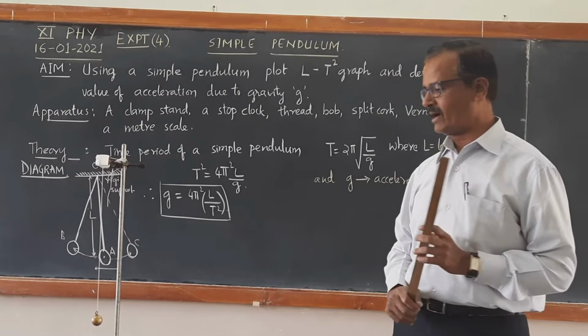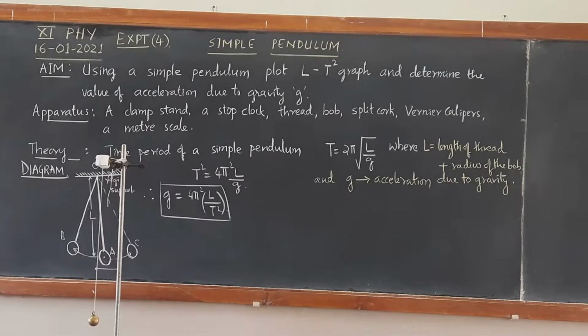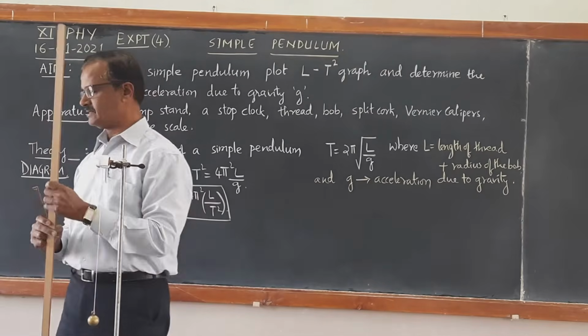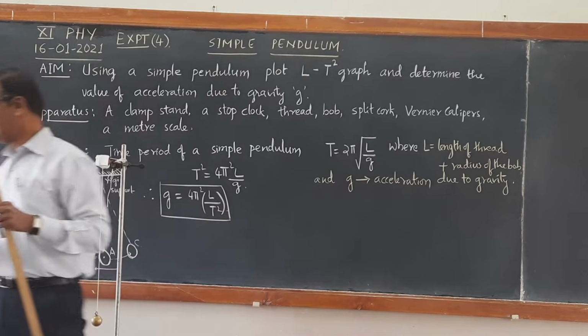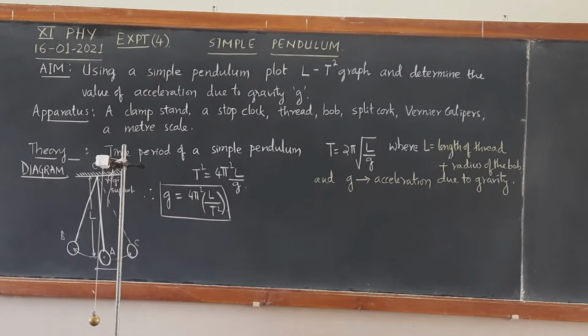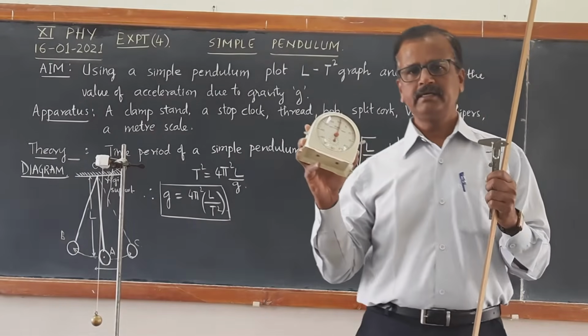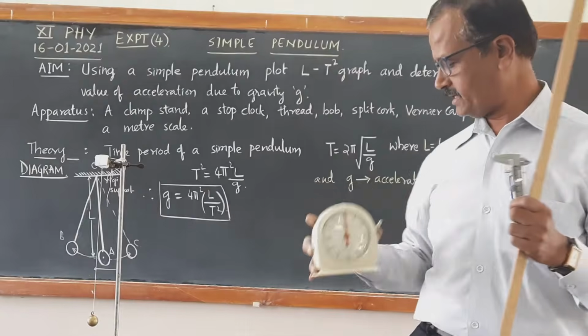The apparatus required are a meter scale, a clamp stand, as you can see, this is the clamp stand, this is a meter scale, and vernier calipers and a stopwatch. You can see here, these are the apparatus required: a stopwatch, a stop clock, right?